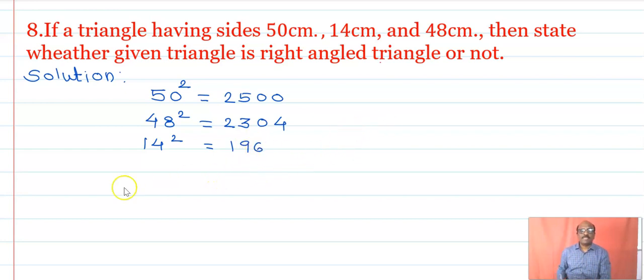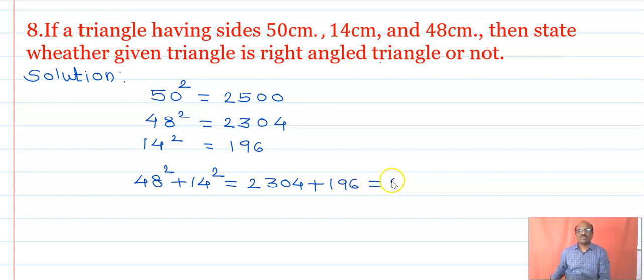Now here the 48 square plus 14 square, that is equal to 2304 plus 196, and that is equal to 2500, and that is equal to 50 square.